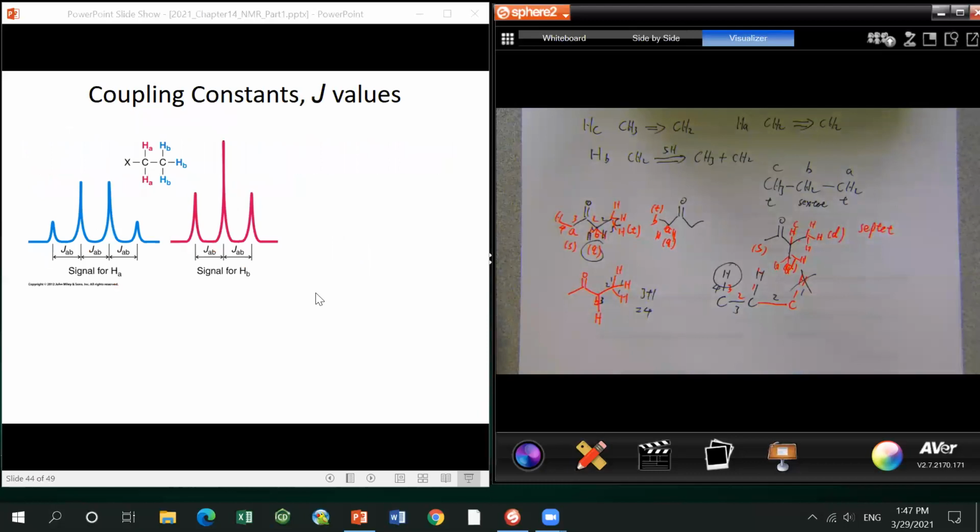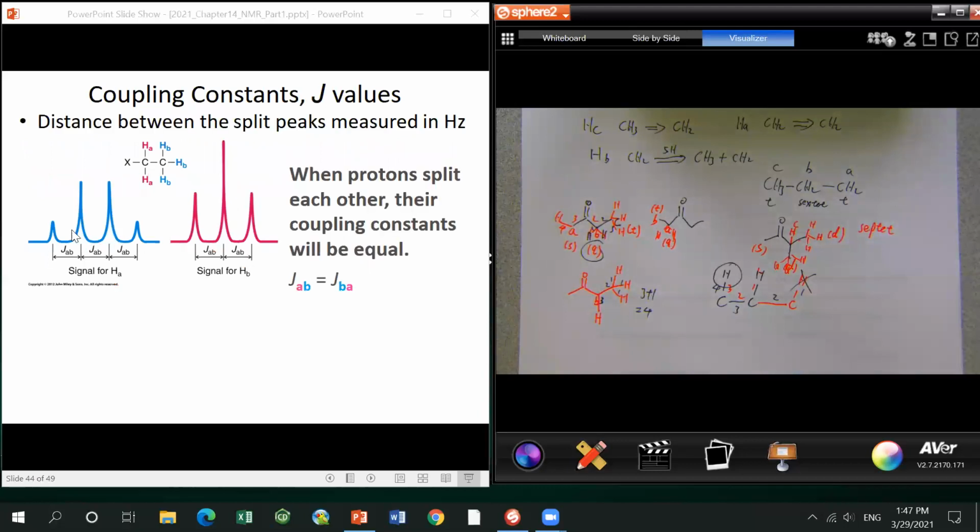All right, and then we talk a little bit about the coupling constant. The coupling constant refers to the peak distance between split peaks. If you have a quartet, the distance between this peak and this peak is called the coupling constant.